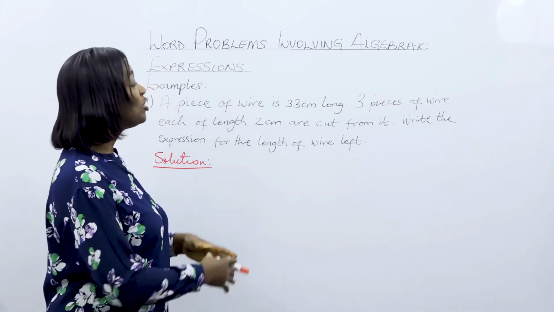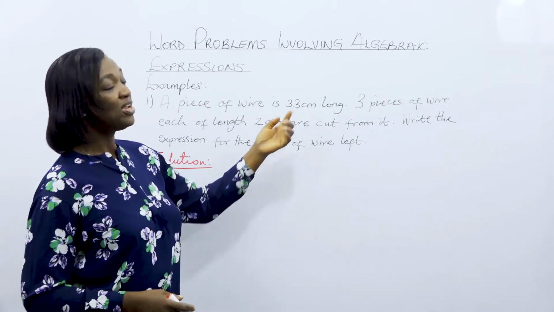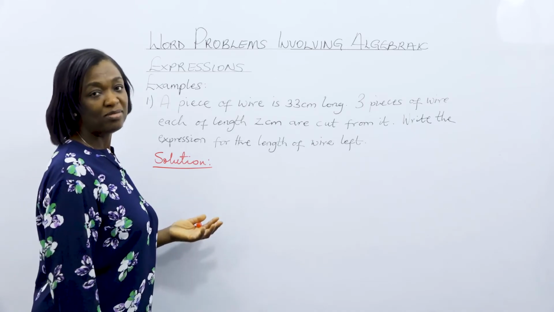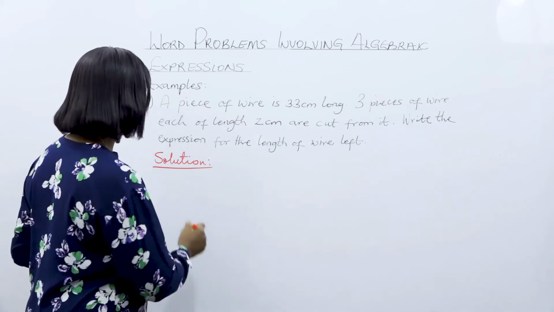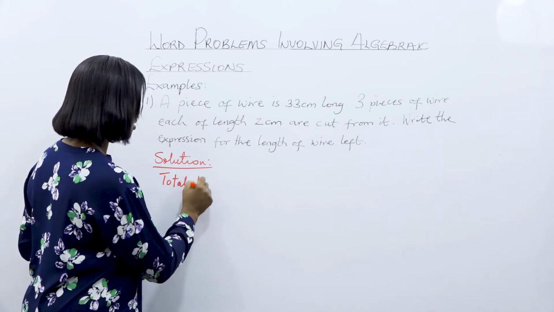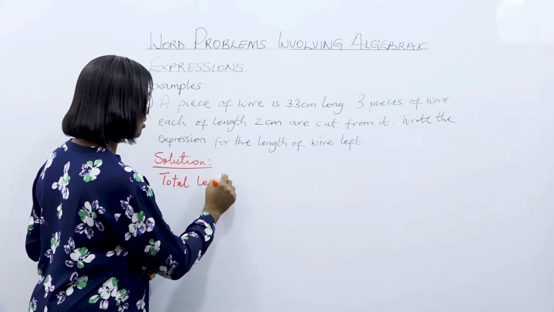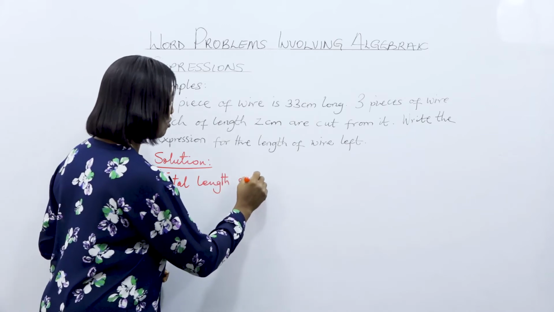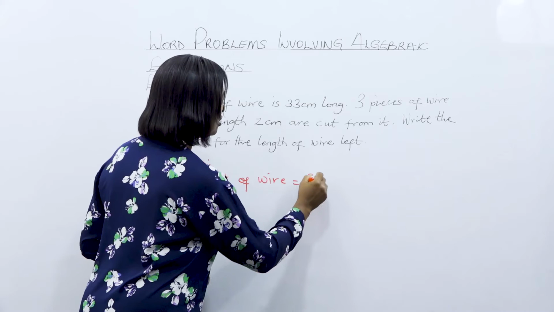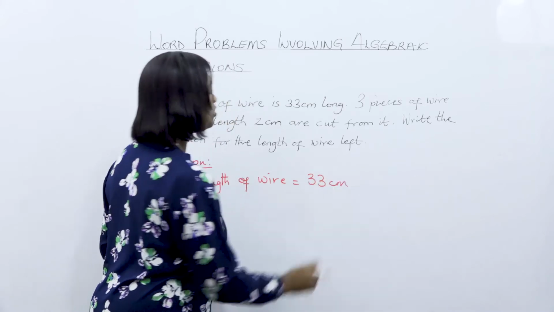So we're saying that the total length of the wire is 33 centimeters. It's a word problem, so I would like to write statements. Total length of wire equals 33 centimeters.